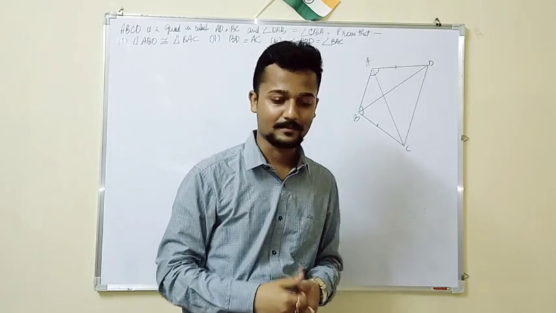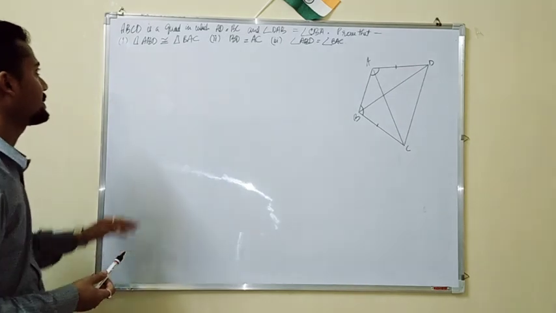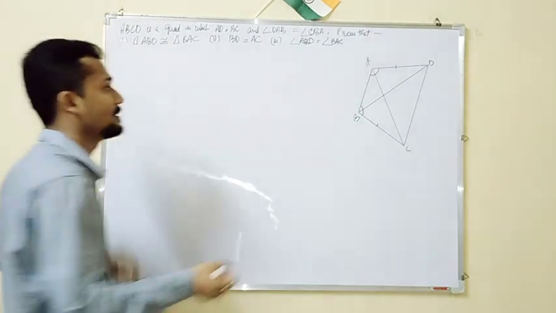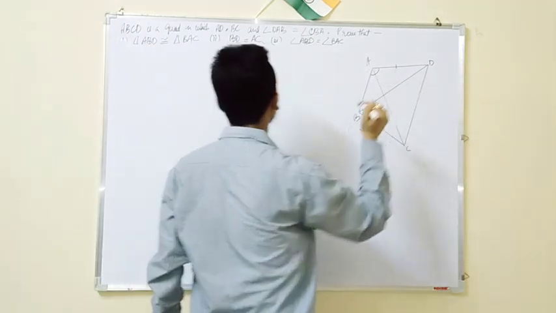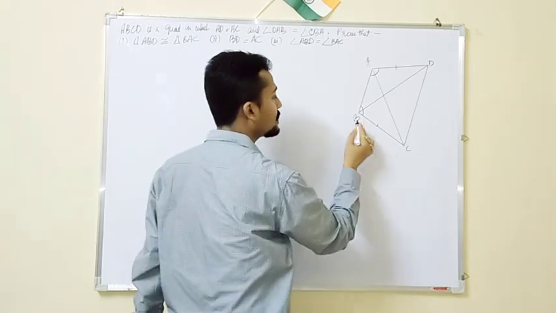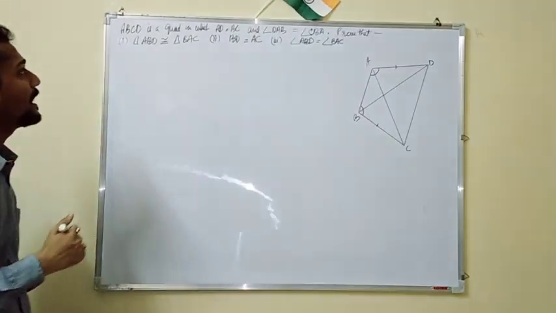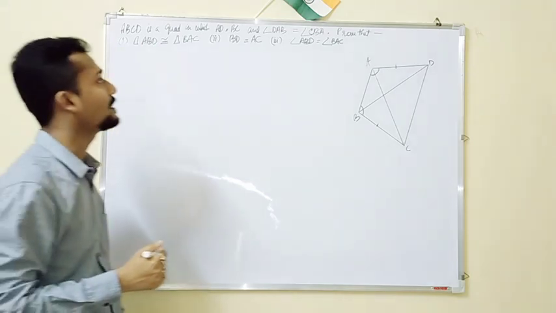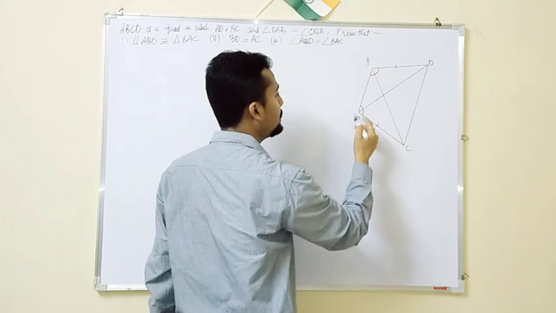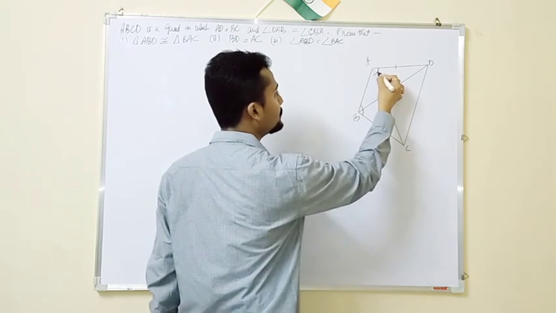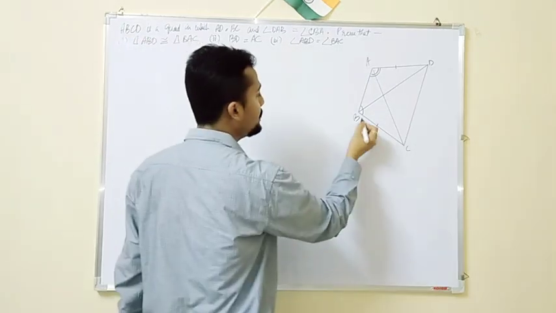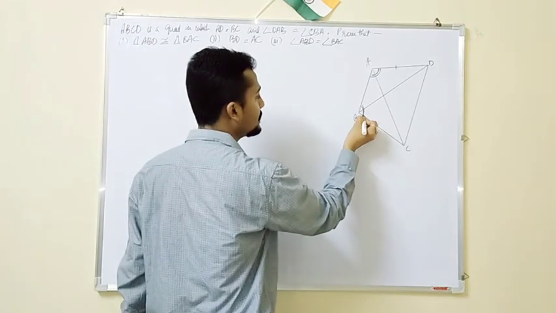Now the next question. What is given in the next question? ABCD is a quadrilateral in which AD is equal to BC, and angle DAB is equal to angle CBA.